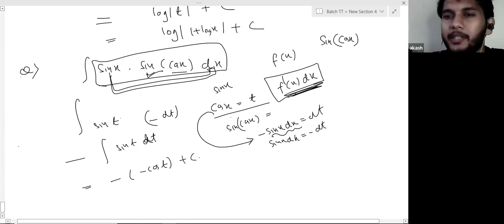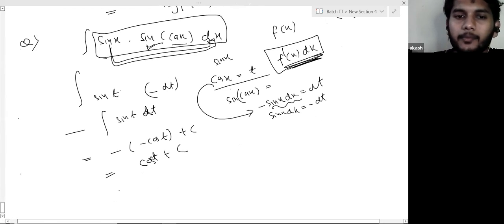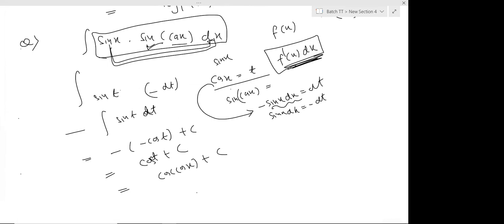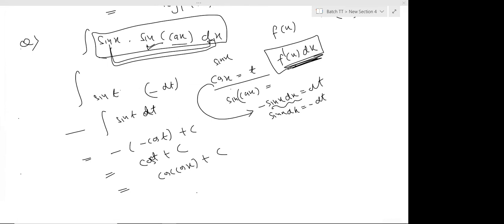Right. So don't forget the negative sign. Very important in maths. So we have cos t. See, and what is the value of t? It is cos x. So cos of cos x plus c. This is clear? Yes, sir. All right, note it down. Tell me when you're done. Jiva, this is clear? Yes, sir. All right, note it down.